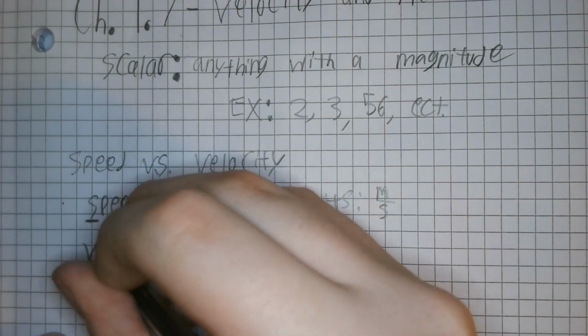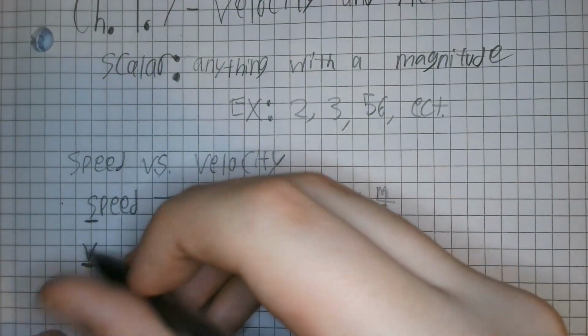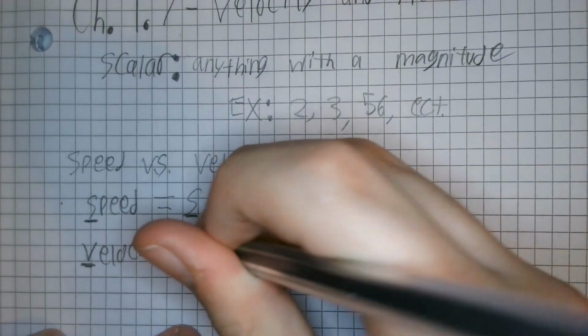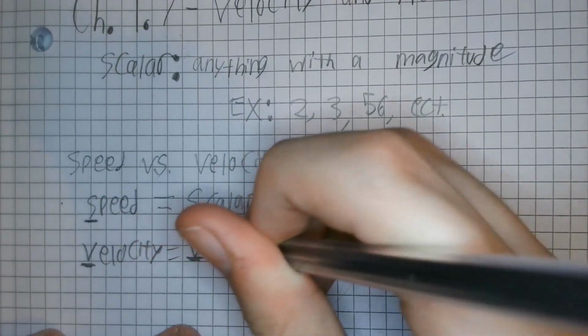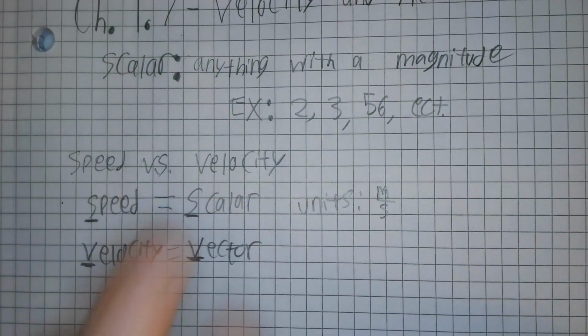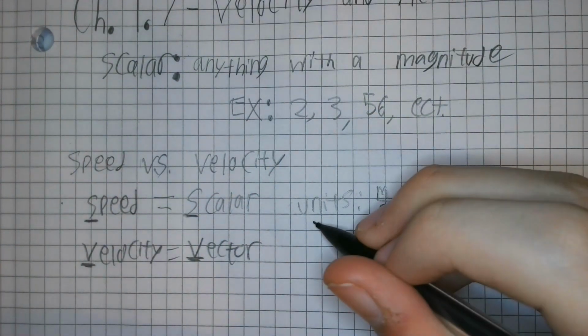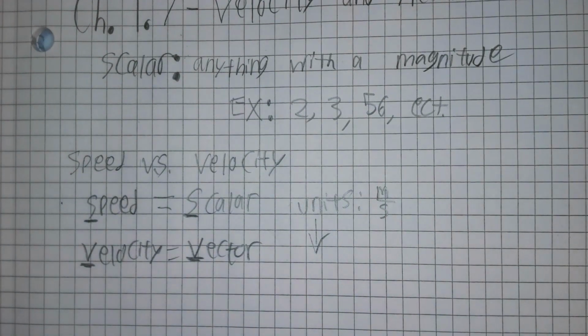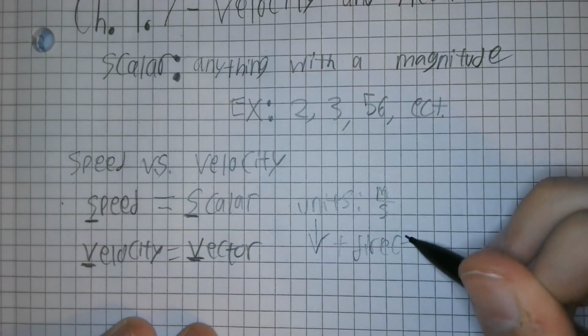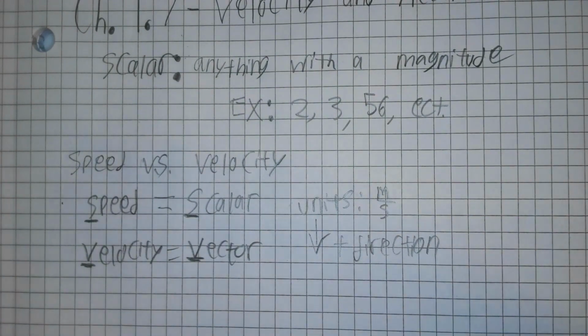Now velocity, once again notice the V, is a vector. So you can remember V to V, S to S. And it's going to have the same units of meters per second, but it's also going to have a direction. And we can draw it as a vector, those little helpful arrows.